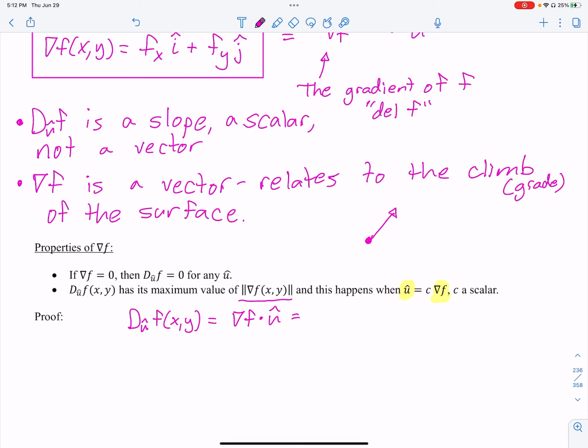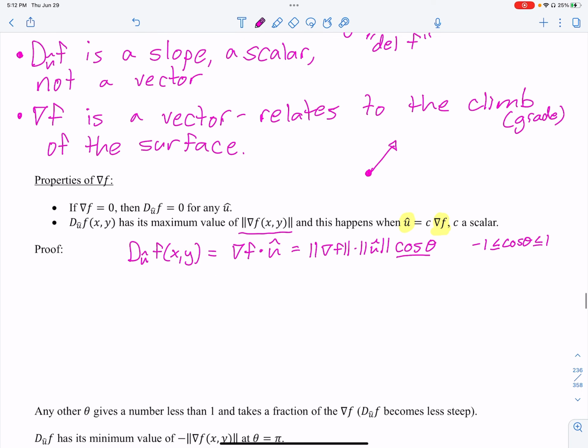If I solve for the dot product, I can say that it's equal to the product of the magnitudes of my vectors times cosine of theta. Now, I want you to think about cosine of theta. Cosine of theta has a range, and it's stuck between -1 and 1. Since it is stuck between those two, we have a maximum value here.